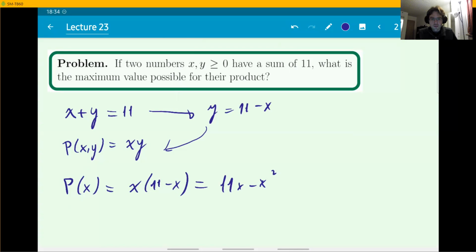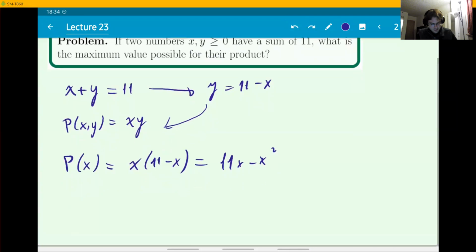This function is the one that we want to find the maximum value possible for. That means the global maximum value for the function. We have the calculus tools that allow you to do this, find the global max. But we also need to understand what the domain is. There were certain constraints in the problem. The numbers have to be larger than or equal to 0. Because x has to be larger than or equal to 0, this is one of the constraints involving x.